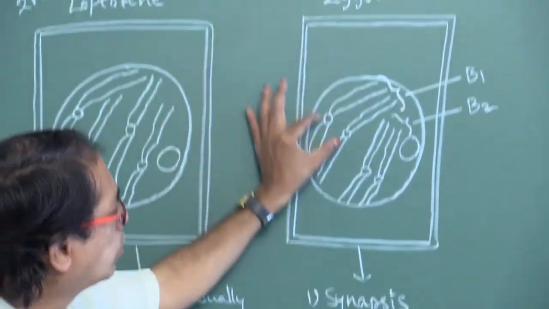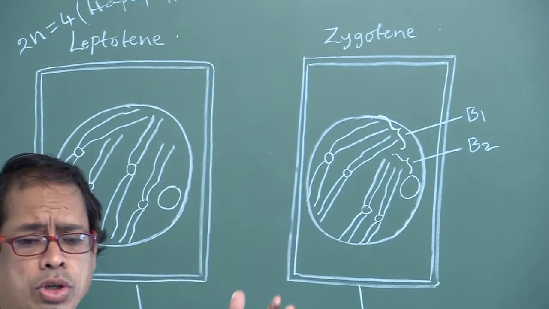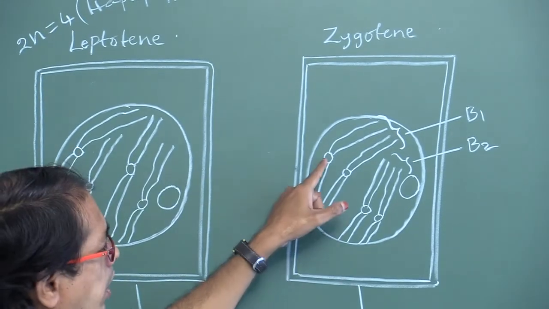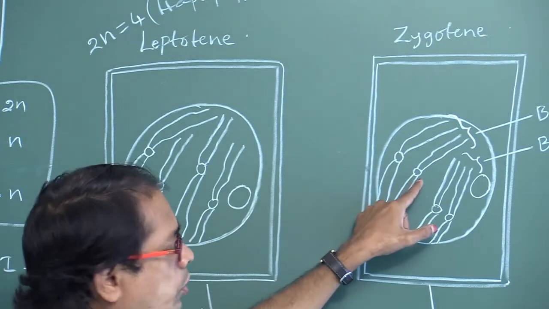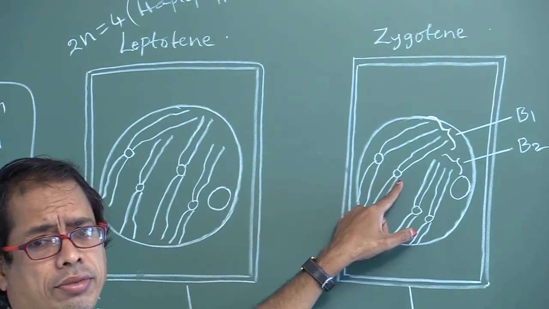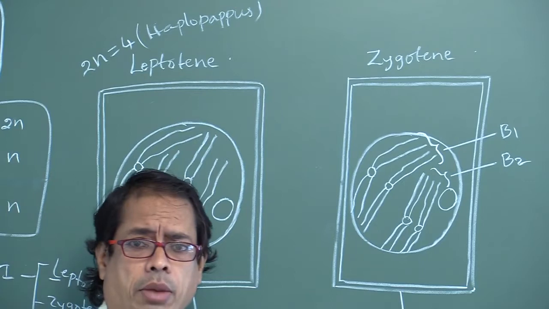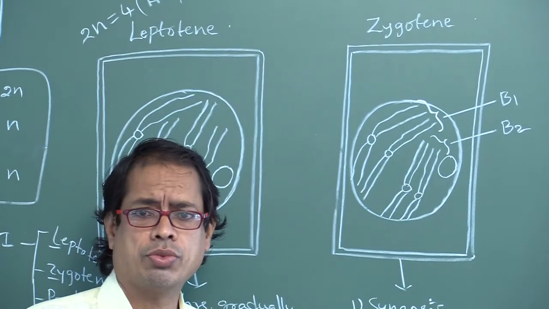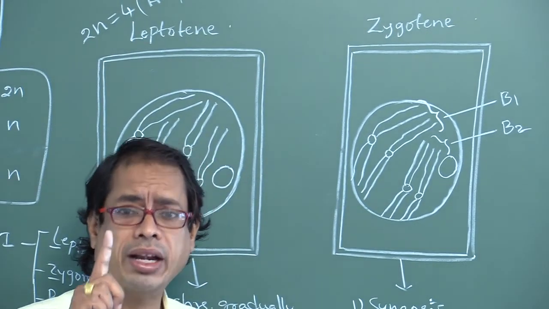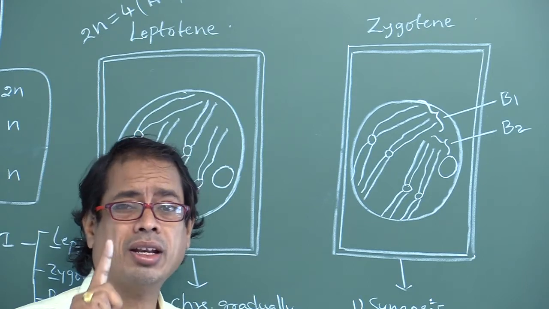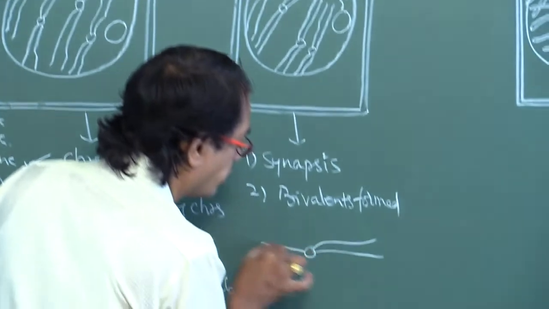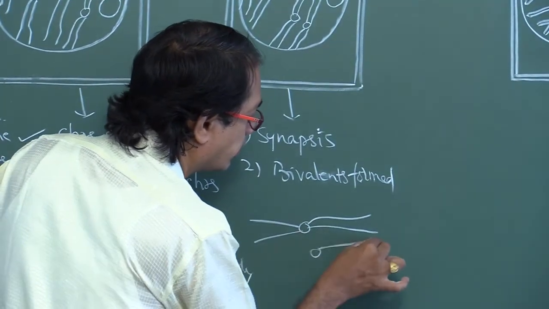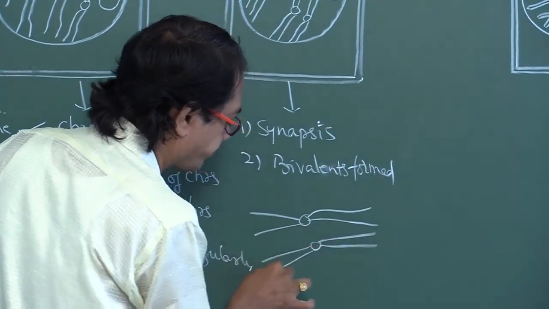How do these two homologous chromosomes get together? One belongs to paternal, that is from the father, and another chromosome belongs to maternal. So a pair of homologous chromosomes contains one paternal chromosome and one maternal chromosome. Let us suppose this is one chromosome, this is another chromosome.